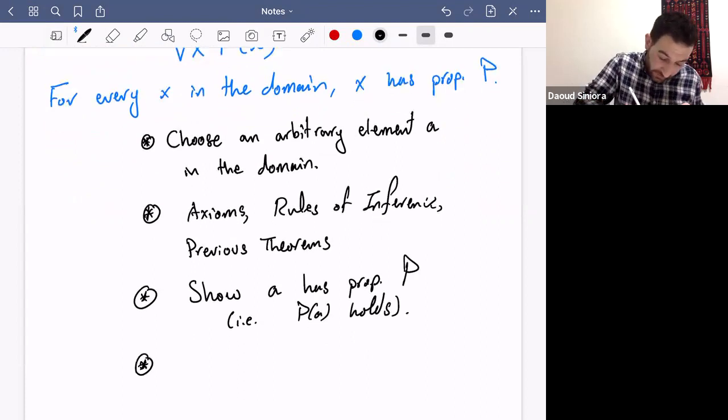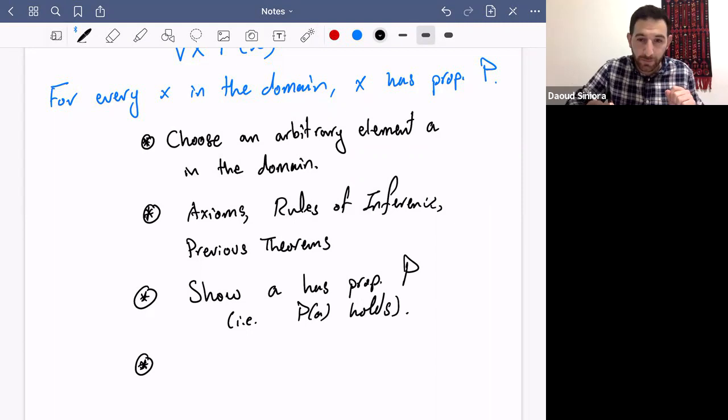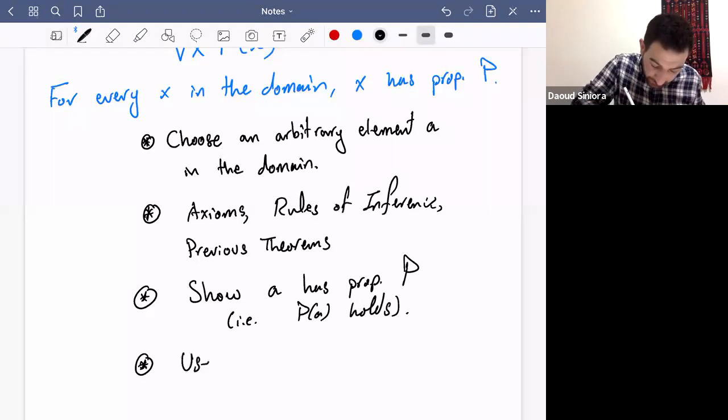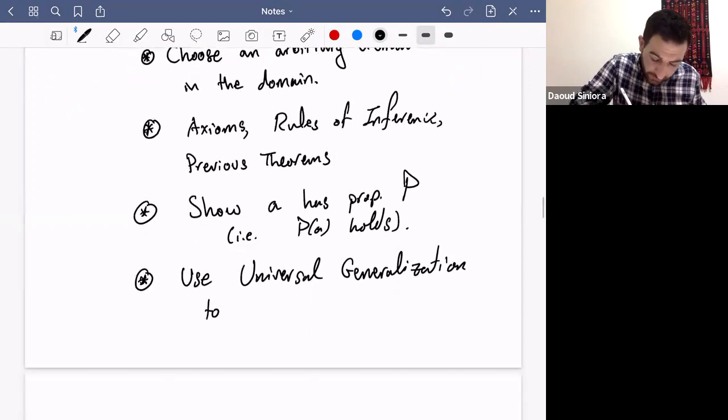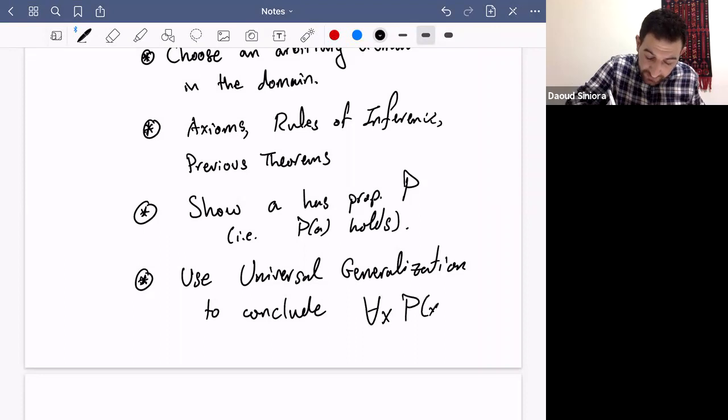And now we finish by concluding, since we chose an arbitrary element in the domain and we managed to show that it has the property P, then we can use one of the rules of inference, which is called universal generalization, to conclude that every element in the domain has the property P. So to conclude that for all x, P of x is true.